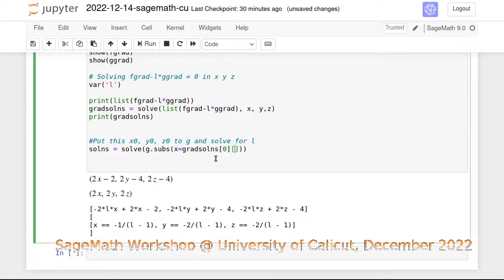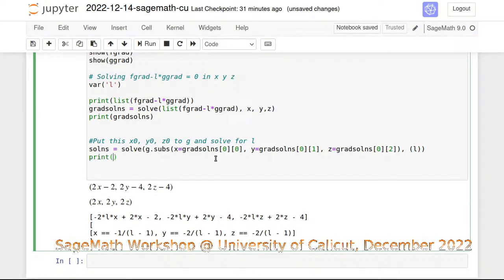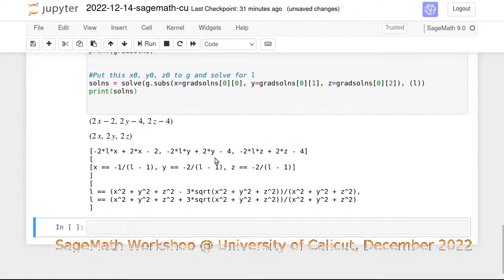0, 0. Similarly, we need y equal to that, 0, 1, and z equal to that, 0, 2, and we are solving for just L. What do we get?